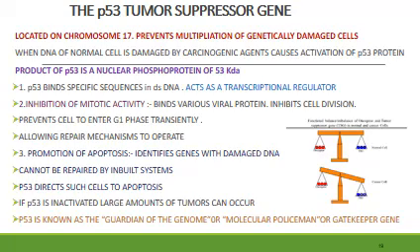Okay, this leads to cancer. So the imbalance of oncogene and tumor suppressor gene can lead to the formation of cancer cells. That is why p53 is known as the guardian of the genome, it is known as the molecular policeman, or it is known as the gatekeeper gene.